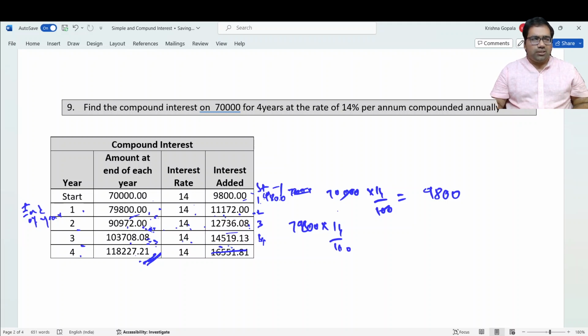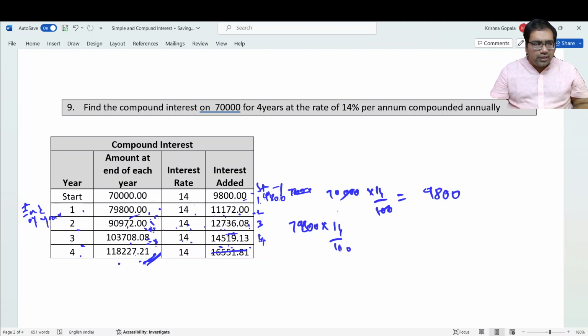So the end of the third year will be the end of the second year plus whatever the third year interest is. Similarly, at the end of the fourth year, the fourth year interest is 14,519. This plus this will become what?